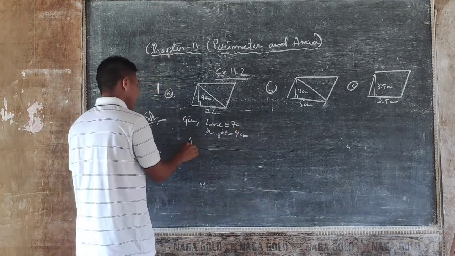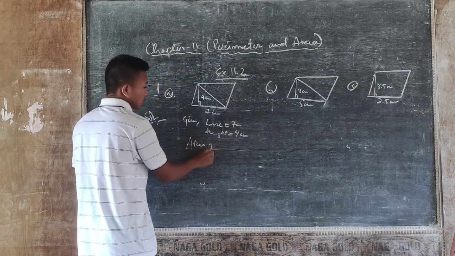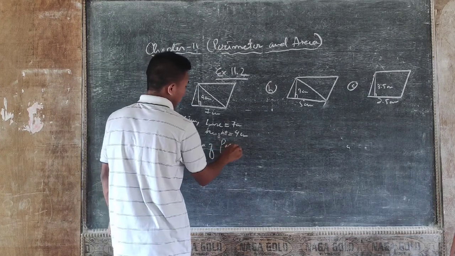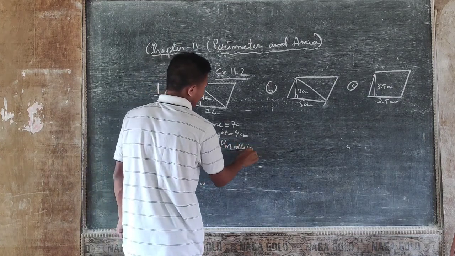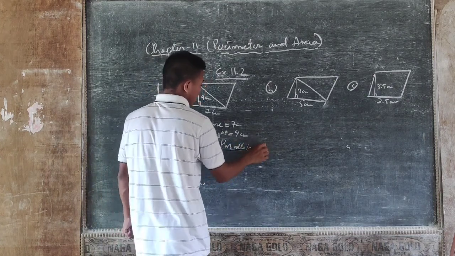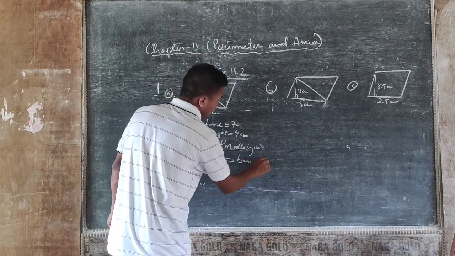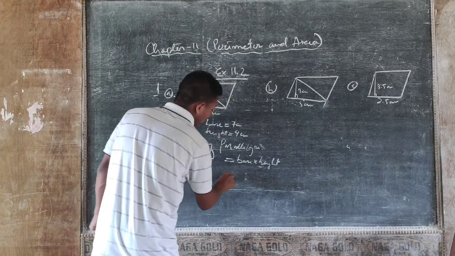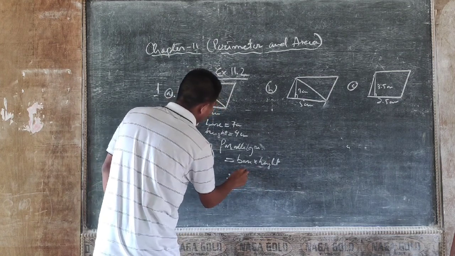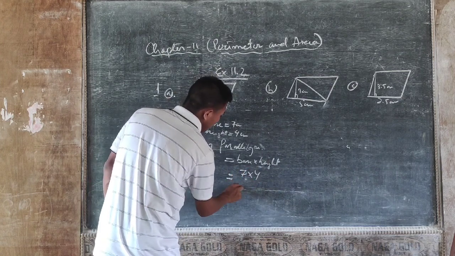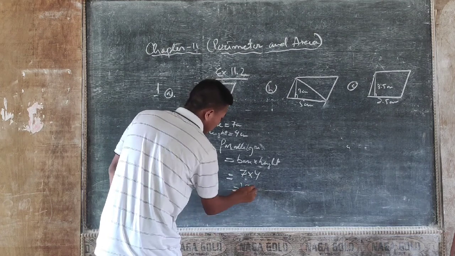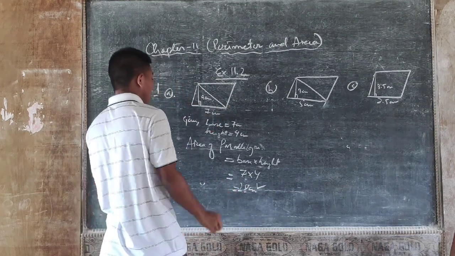So we know that area of parallelogram is base into height. So we just have to multiply this 7 and 4. 7 into 4, which is 28 centimeter square or square centimeter.